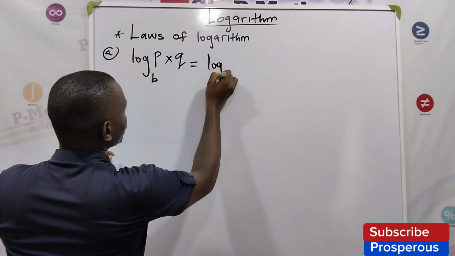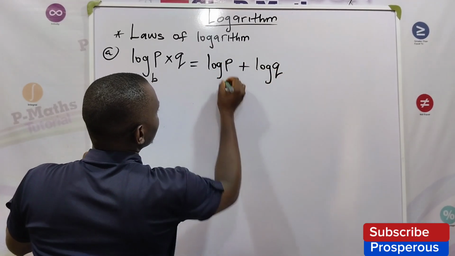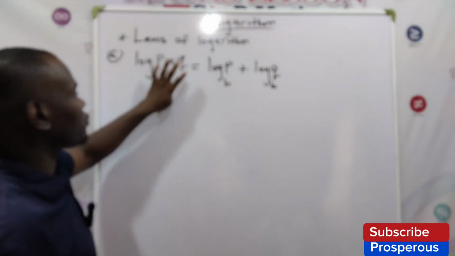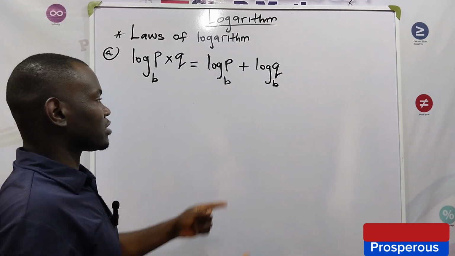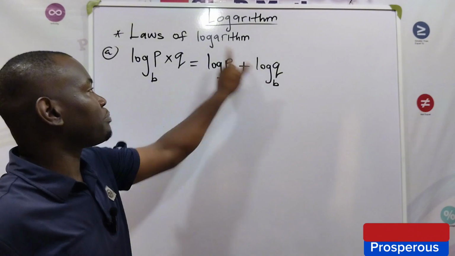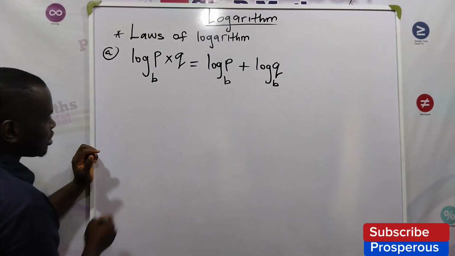That is logarithm of P plus logarithm of Q, both in base b. This is how we solve cases that involve multiplication. And vice versa, when you have addition, sometimes you are required to take it back to multiplication in order to simplify.